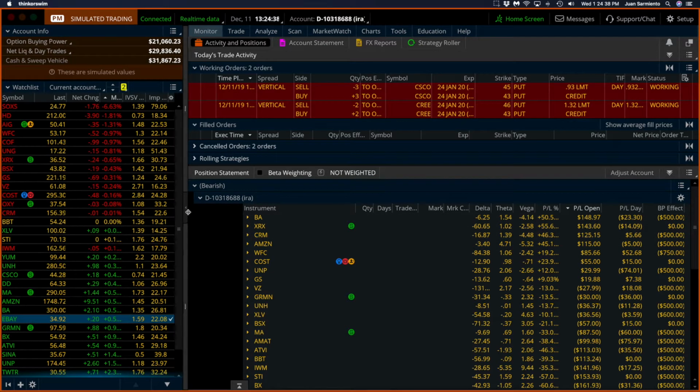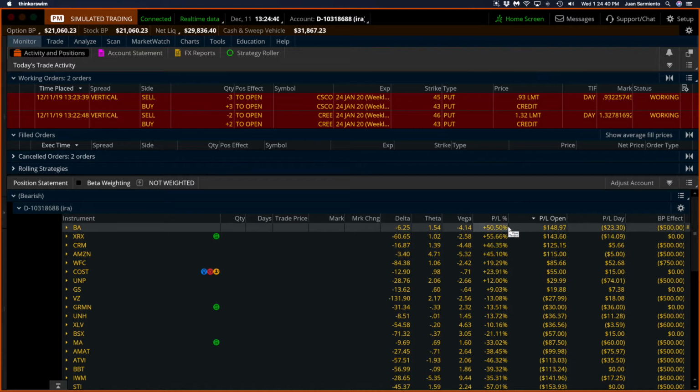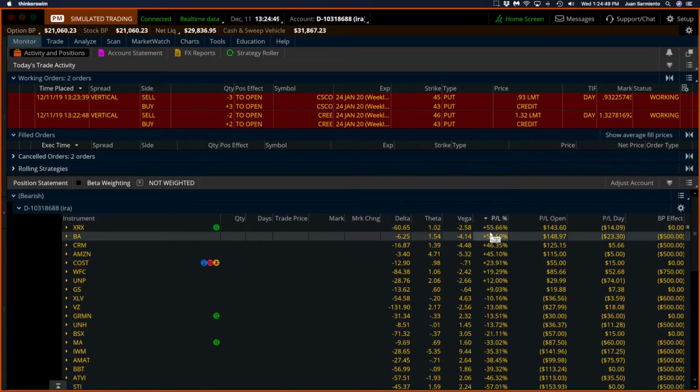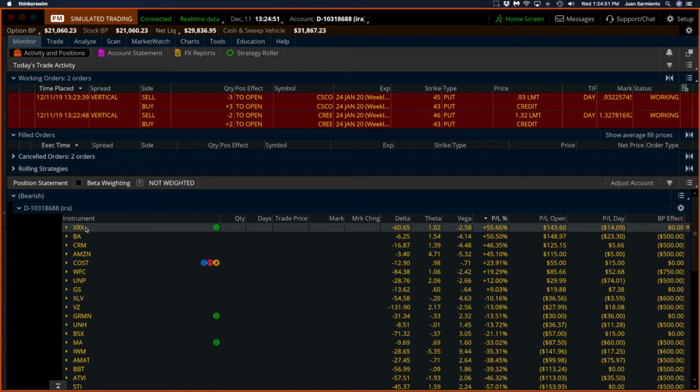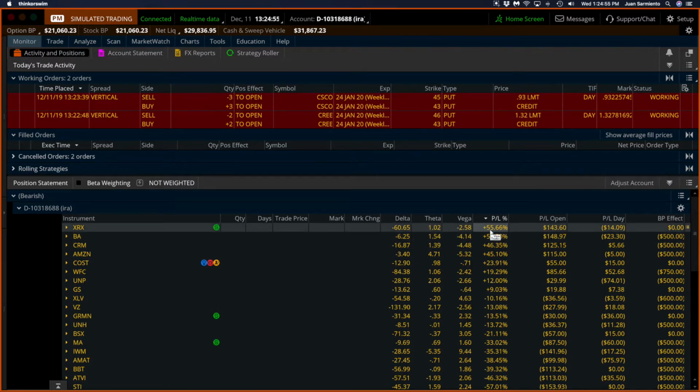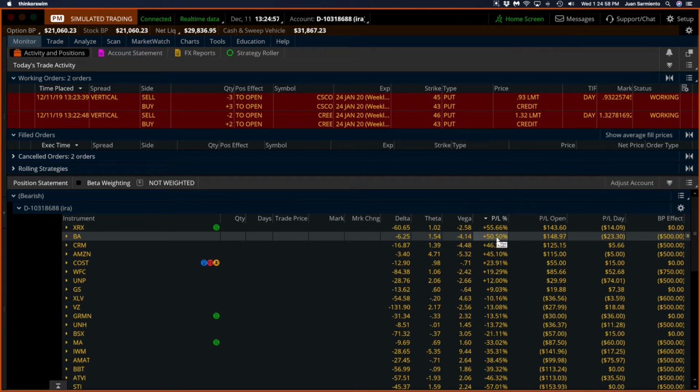And I'm interested in closing stock trades that have 50% P&L percent or more. Click that to organize them accordingly, and we have XRX, that's a bearish trade, and so is BA, and they're both above 50, so you could potentially close those 2 positions.